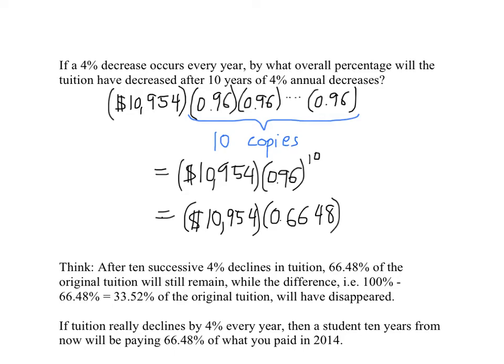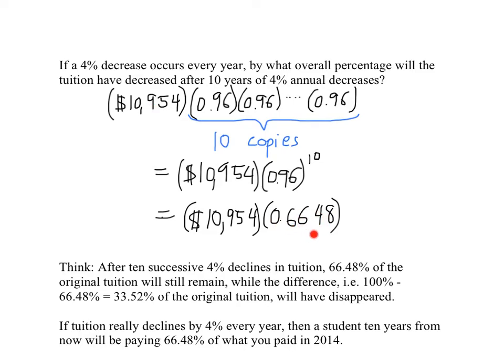Think of it this way. After 1 year, only 96% of the original tuition remains. After 2 years, 96% of 96% of the original tuition remains. After 10 years, 96% of 96% of 96%, etc. There are 10 separate mentions of 96%. Whatever that is, that percent of the original tuition remains.